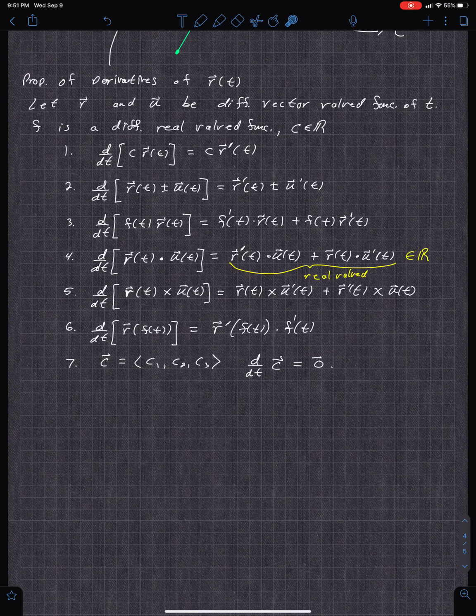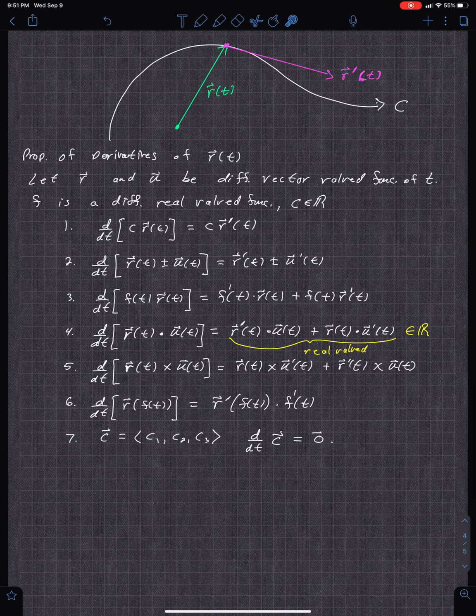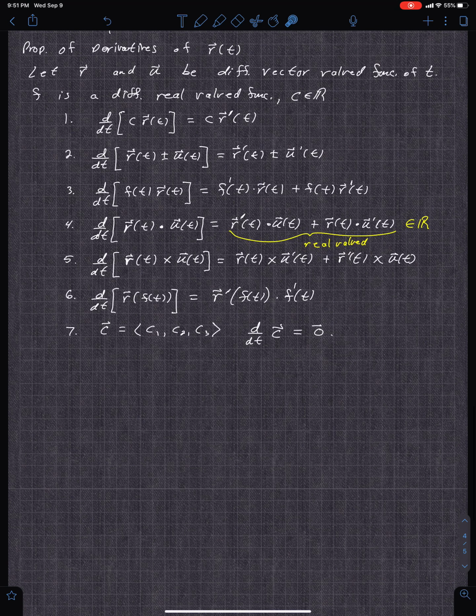This is properties of derivatives of r prime of t. So let r and u be differentiable vector valued functions of t, f is a differentiable real valued function, and c is just a real number. Then this goes through all the little cases.